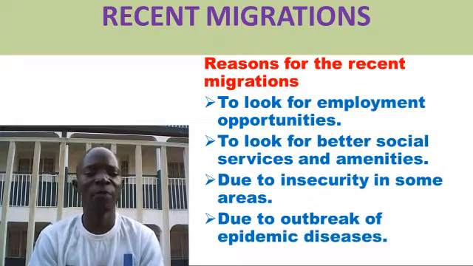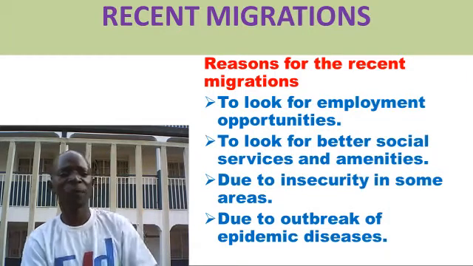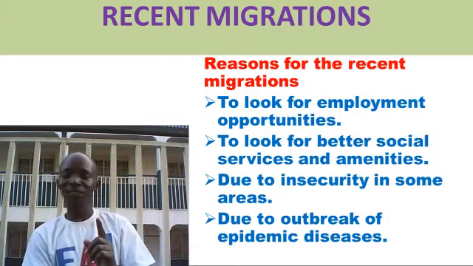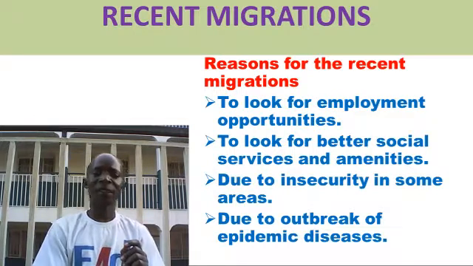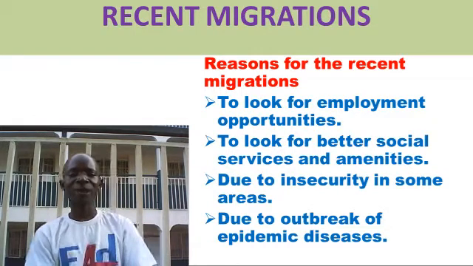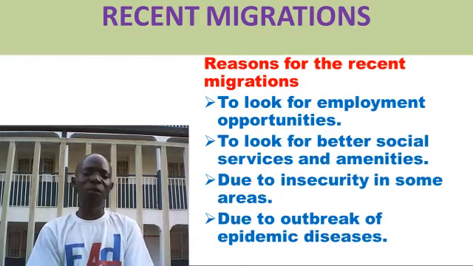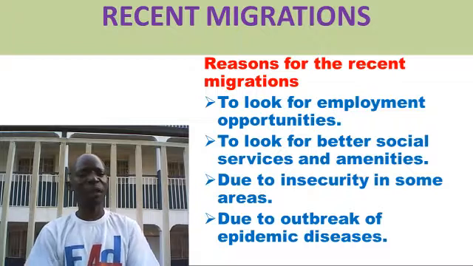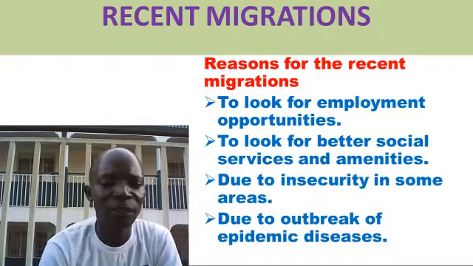For example, when Ebola breaks out in an area, very many people run away because they fear the disease. Cholera and Marburg are epidemic diseases. Today we are faced with the problem of COVID-19. If your country has too many cases, you feel like leaving that place.